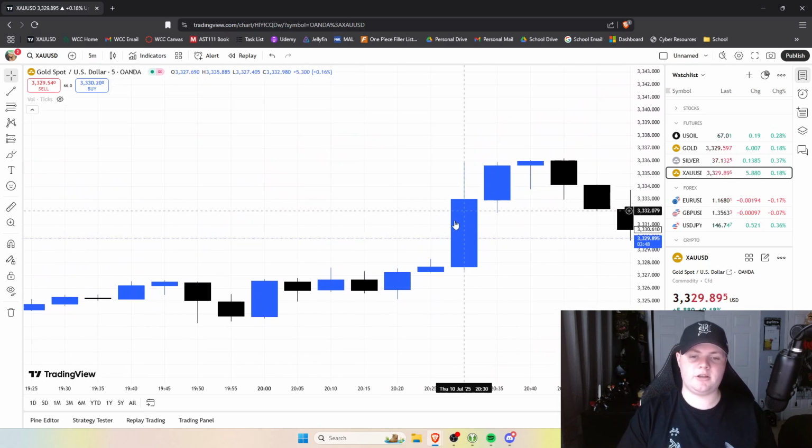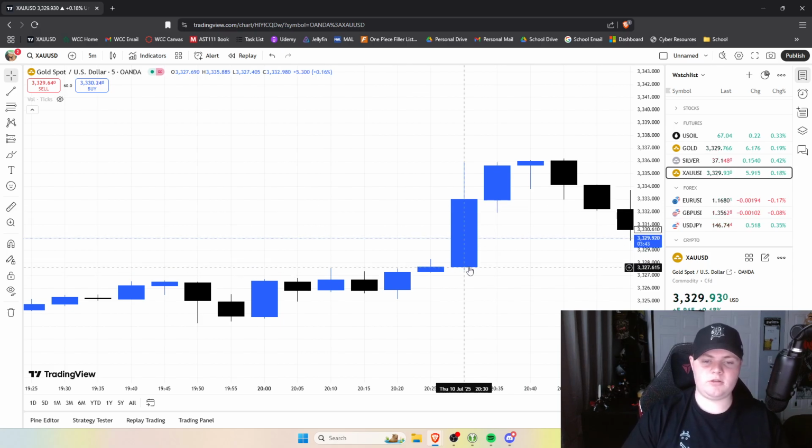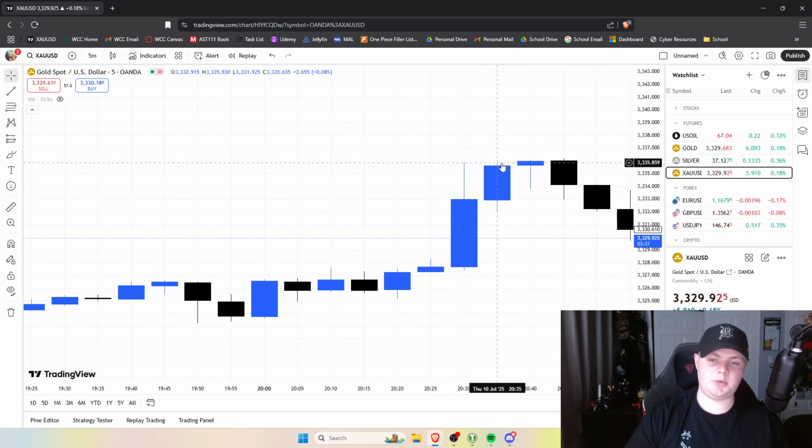This is a blue candle, so it opened at the bottom, then closes at the top. But before it closed, it went all the way up here, and instead of closing up here, it came and closed all the way down here. So I think this would be considered a weak close because the candle wick is so long. But this would be considered a strong close because this closed with barely any wick.